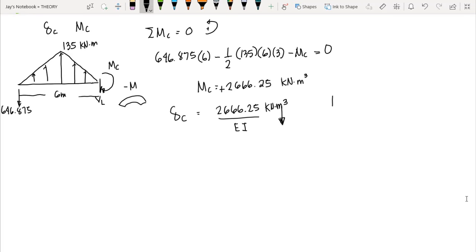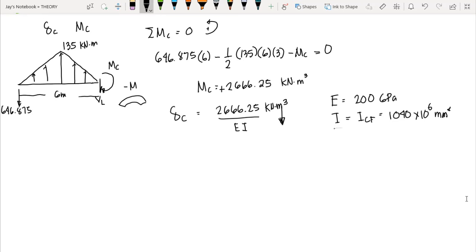Now we know that our E here is equal to 200 gigapascal, and our reference moment of inertia I is equal to ICF, which is 1040 times 10 raised to 6 millimeter to the fourth.